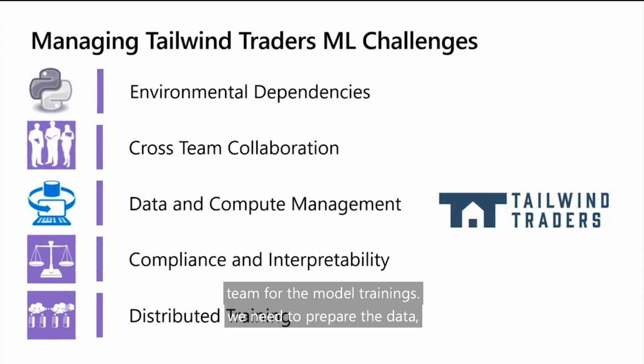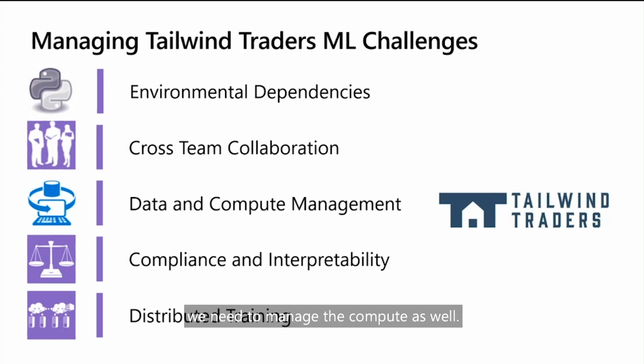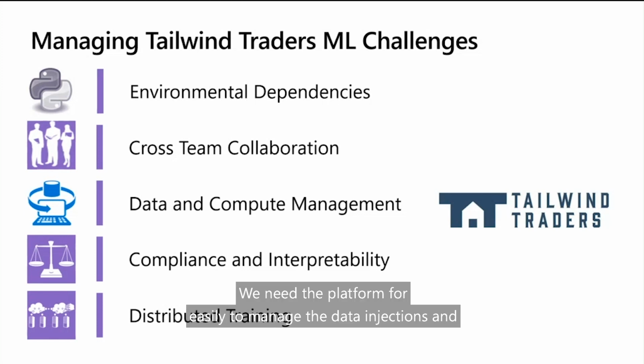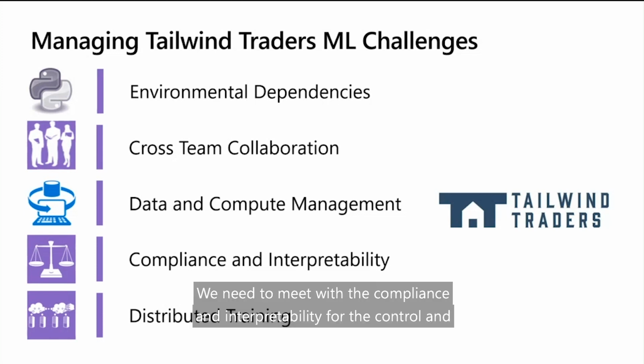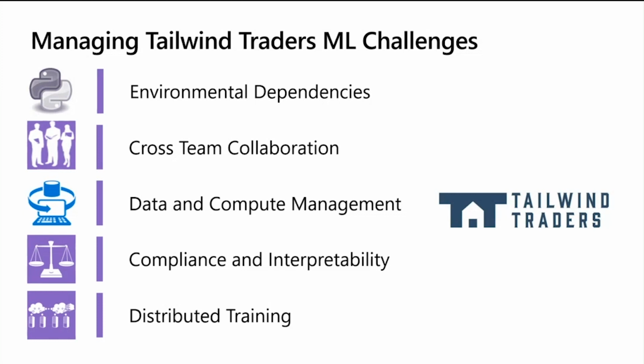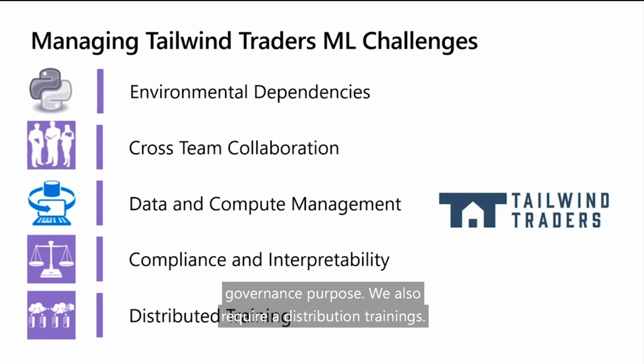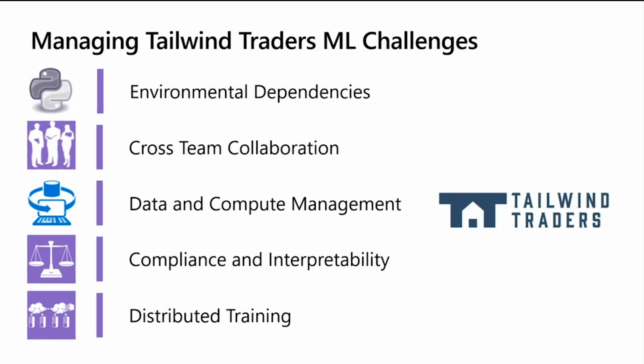We need to prepare the data, and we need to manage the compute as well. We need a platform to easily manage the data ingestion and the compute. We need to meet compliance and interoperability requirements for control and governance purposes. We also require distributed training.